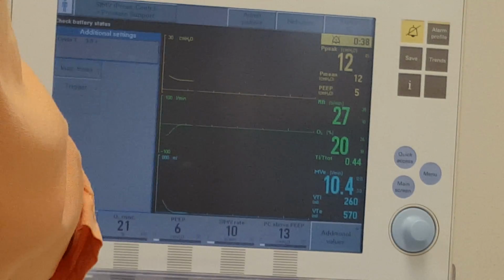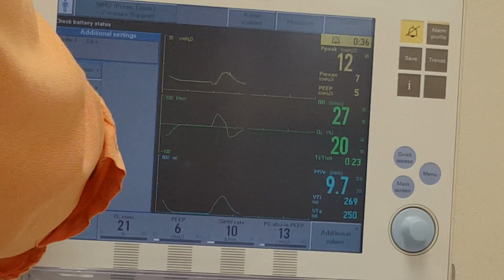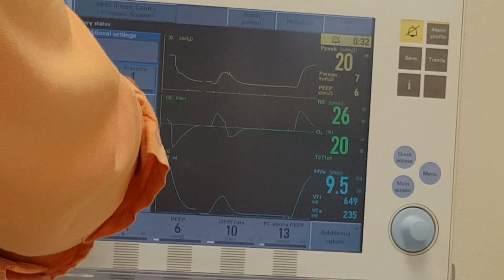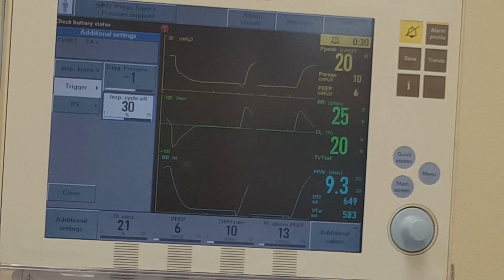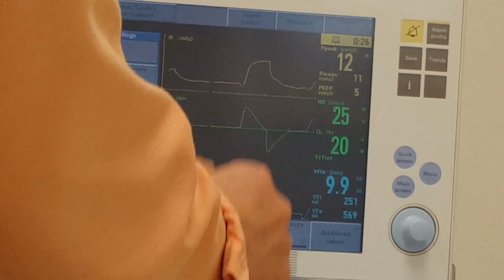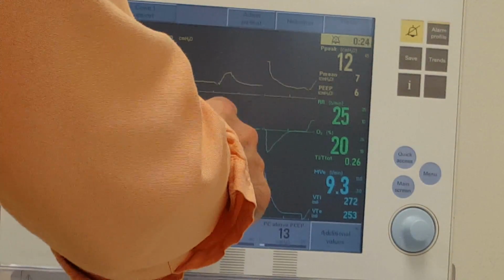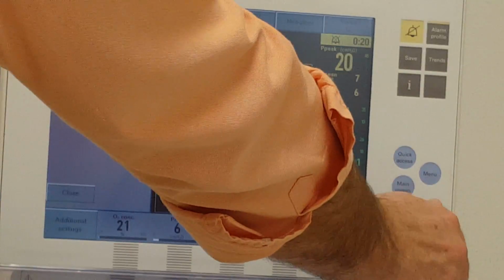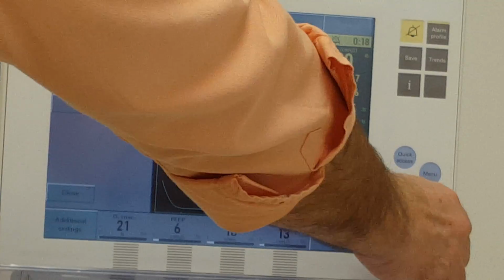Well, what happens if we adjust our, not inspiratory rise, our inspiratory cycle off percent? This adjusts where we are going to end spontaneous breaths, 30% of peak flow right now. Well, what happens if we put this all the way down to 5%?